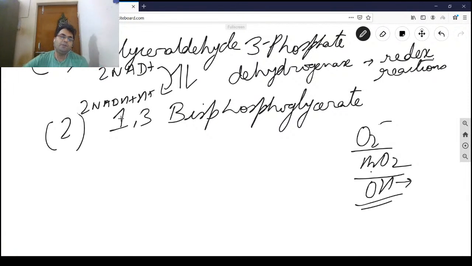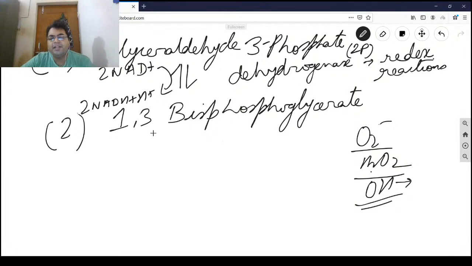Now this is known as reduction. Reduction has happened, oxidation has happened, they go side by side, that is a redox reaction. Still, this reaction is incorrect. If you see properly, how many phosphates do you see in glyceraldehyde 3-phosphate? There are 2 molecules, one molecule having 1 phosphate group each. So there are 2 phosphate groups.